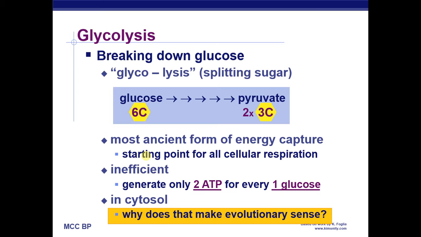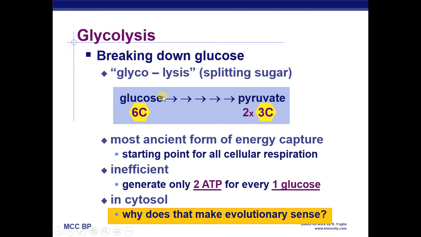In glycolysis, kind of like hydrolysis, we're breaking something down. And the thing we're breaking down is glucose, sugar. Actually, what we're going to do in glycolysis is break glucose in half. Glucose starts out as a 6-carbon molecule represented by this hexagon.